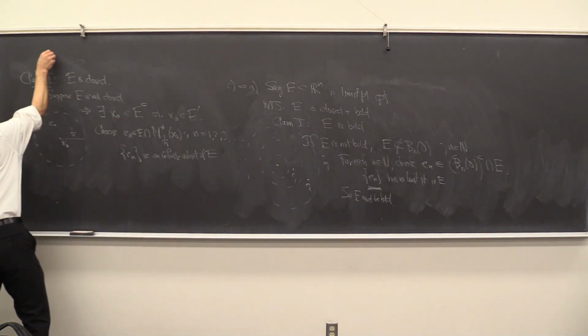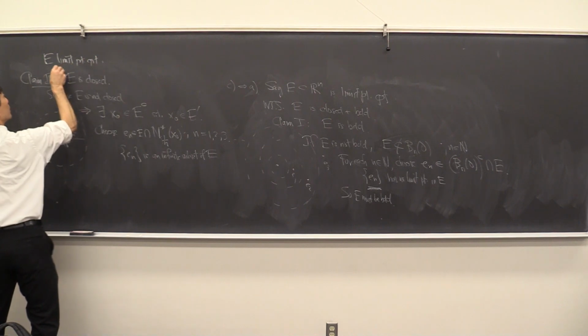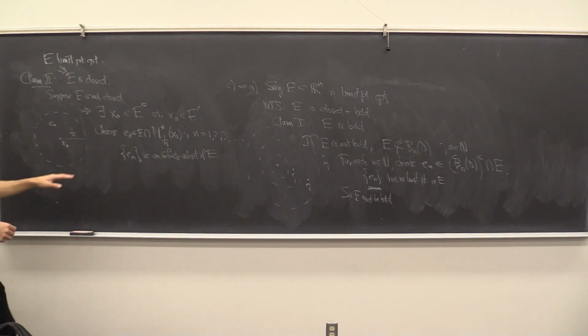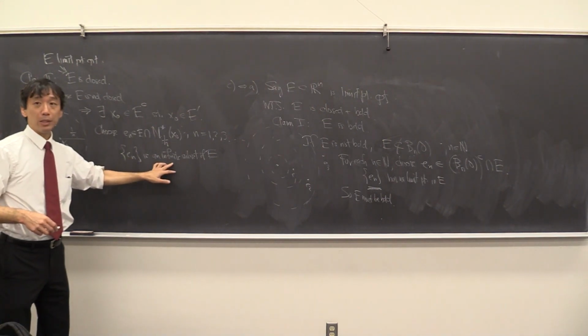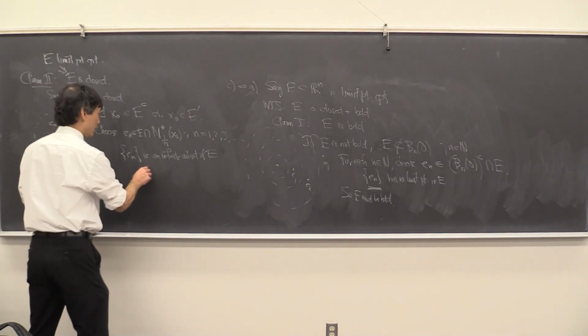Okay, so we want to show that E limit point compact implies that it's closed and bounded. So we're trying to show that it implies closedness, right? So it's an infinite subset of E, and so it has a limit point.